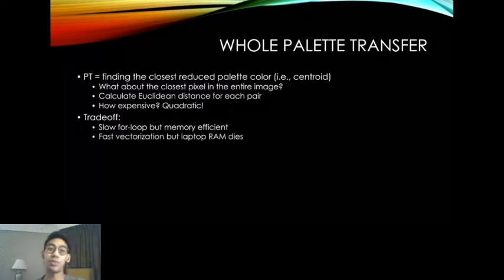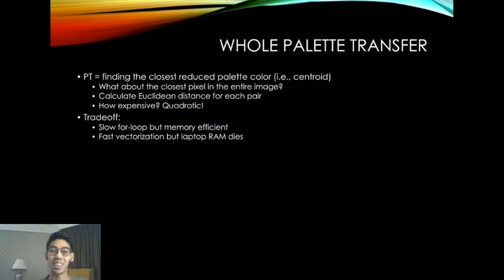Another thing you could do is vectorization. Vectorization, if you're not familiar, in NumPy is when you do these matrix comparisons where you can subtract whole matrices together and get every pairwise difference very, very quickly. But you risk your laptop RAM dying, because somewhere down the line, for 10,000 pixels, you're going to have to store all these 100 million comparisons somewhere.